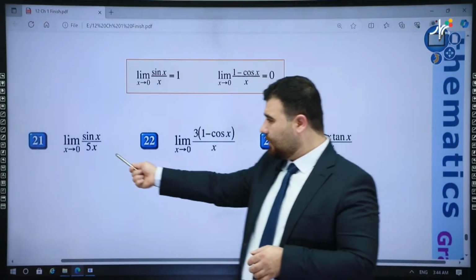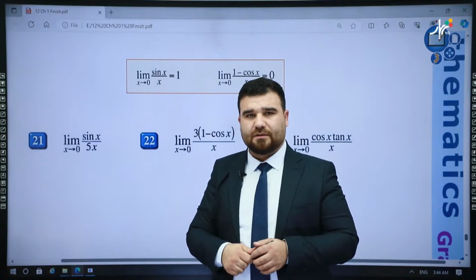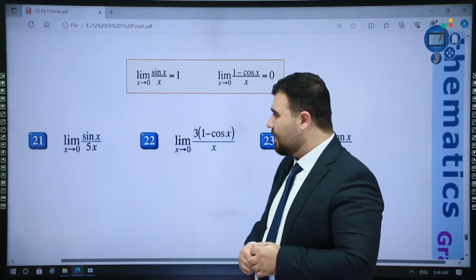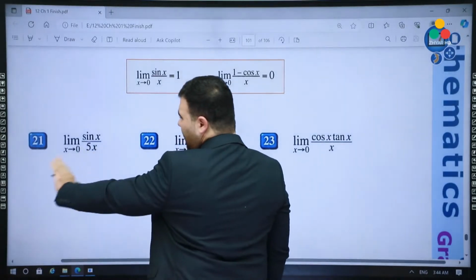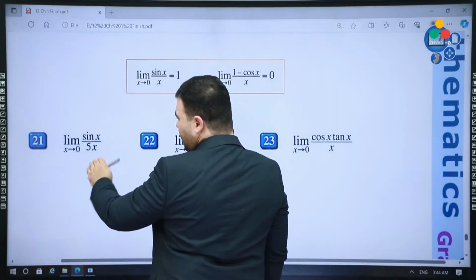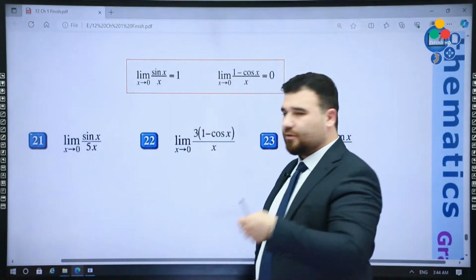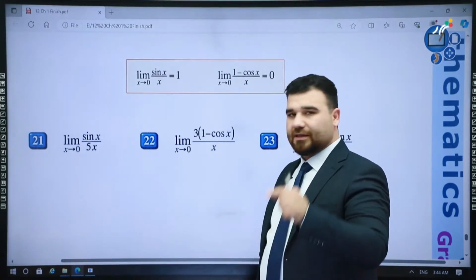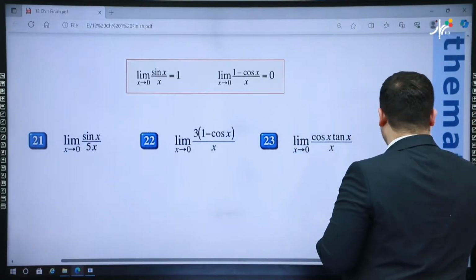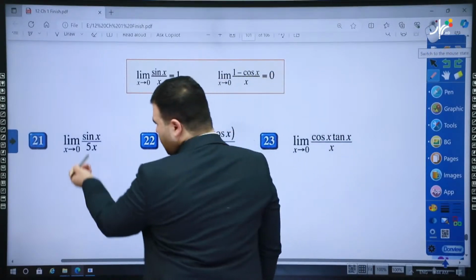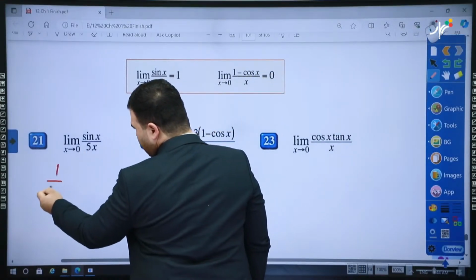Now, look at this. Sine x over 5x. Since it's a limit, I can take this 5 out of the limit. But this 5 is in the denominator. I cannot write 5 outside. Instead, I write 1 over 5 outside. Look at this one. And instead of this 5, I write 1 over 5 outside.